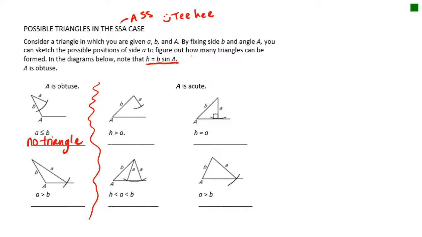If the side opposite the obtuse angle is less than the other side I give you, no triangle can be made. If it's bigger, then one triangle can be made, and we just use the law of sines to solve. If it was no triangle, then we wouldn't use the law of sines. We would just move on with life.